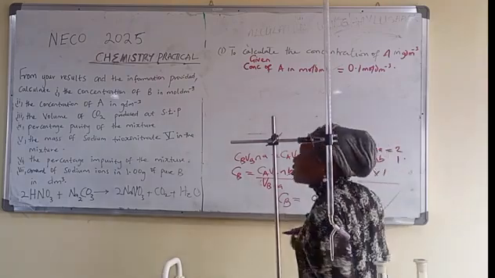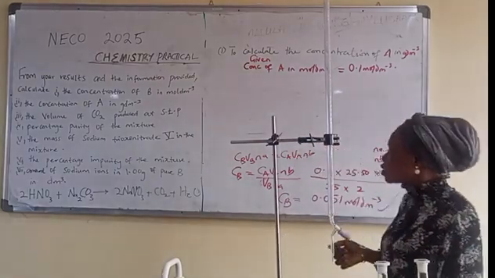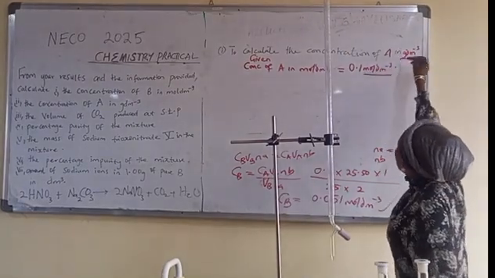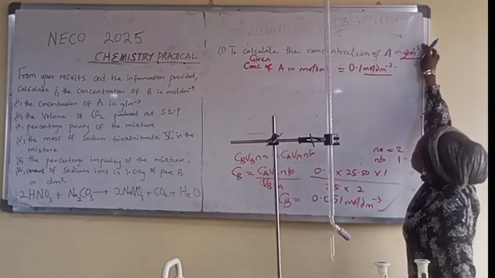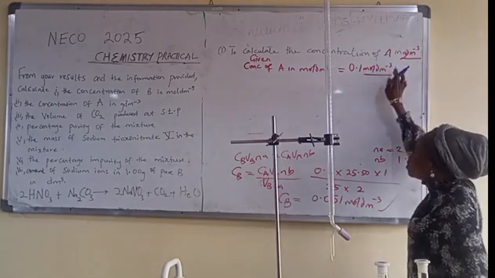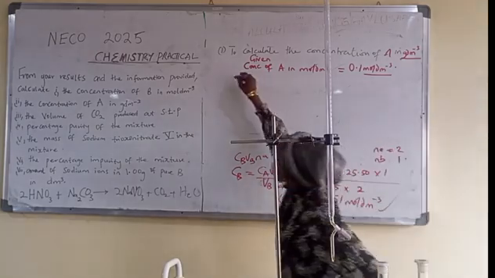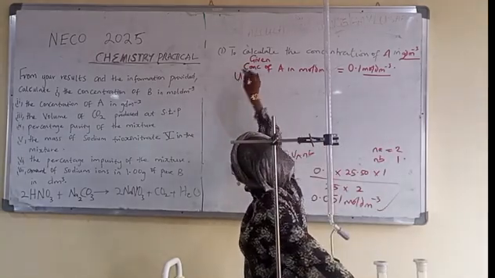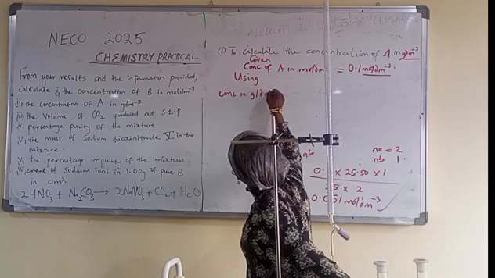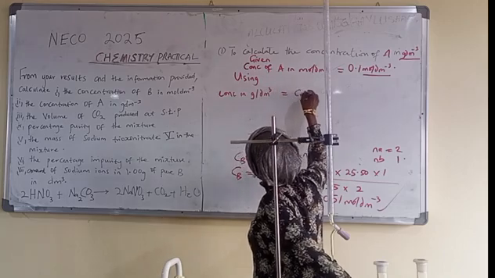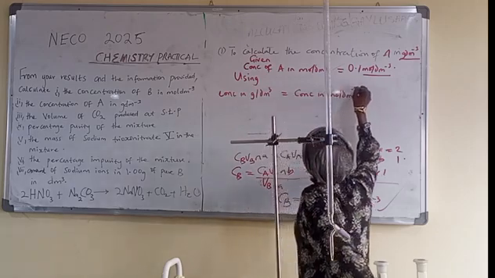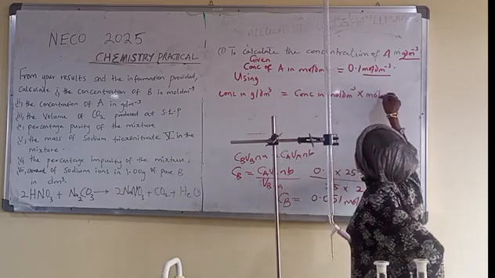So the applicable formula here is the one that shows the relationship between gram per dm cube, the mass concentration, and mole per dm cube, the molar concentration. So you say: concentration in gram per dm cube equals concentration in mole per dm cube times molar mass.